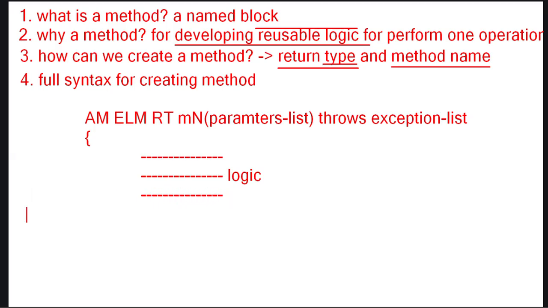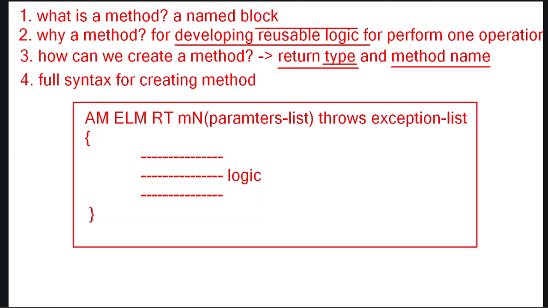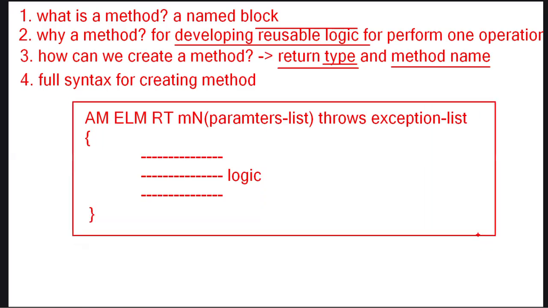Then close this bracket. So what is the syntax for creating a method? Accessibility modifier, execution level modifier, return type, method name, parameter list, throws, exception list, open bracket, closed bracket, logic.